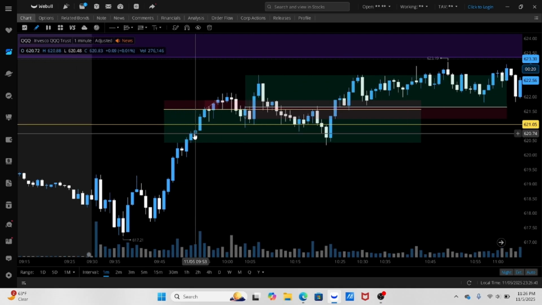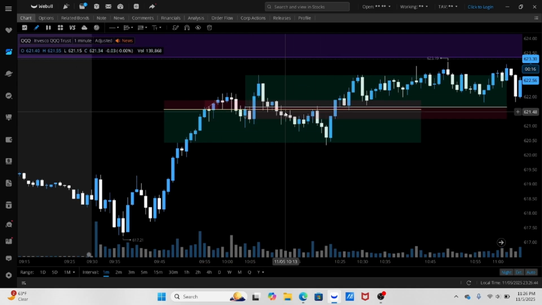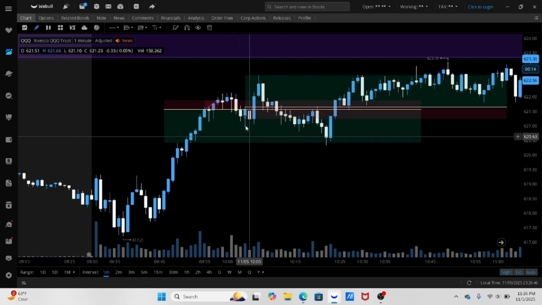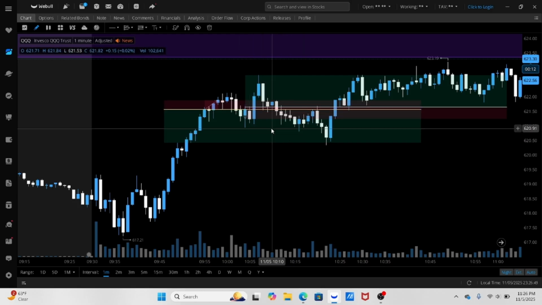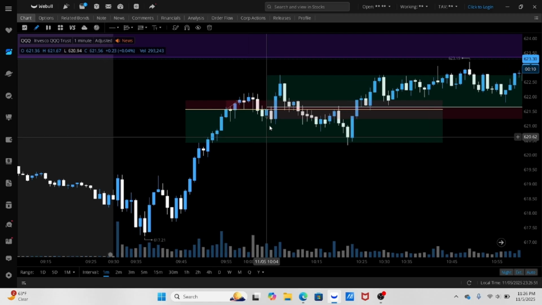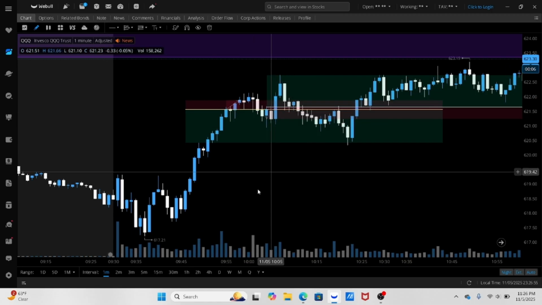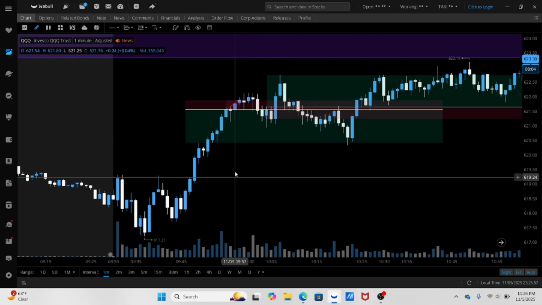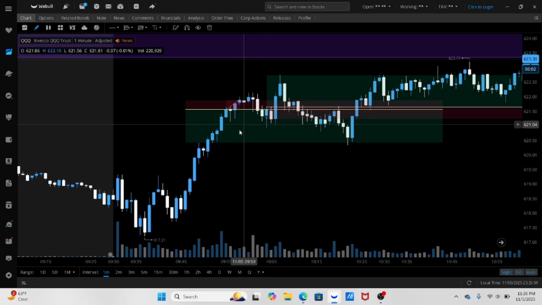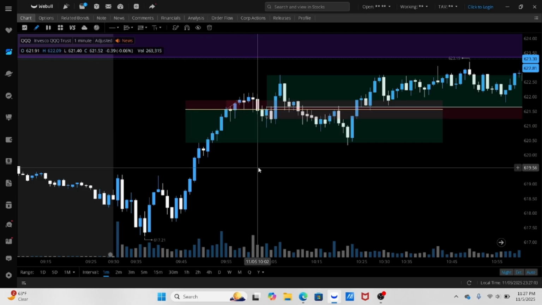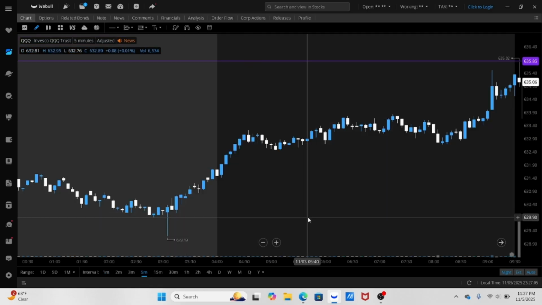Now, for the second trade, I left these up here so I didn't forget where we're at this morning. So the second trade here, let me see, try to remember.